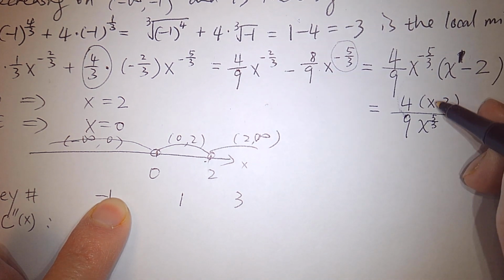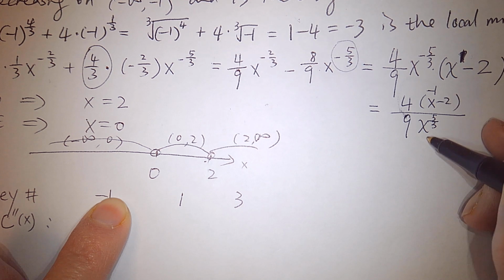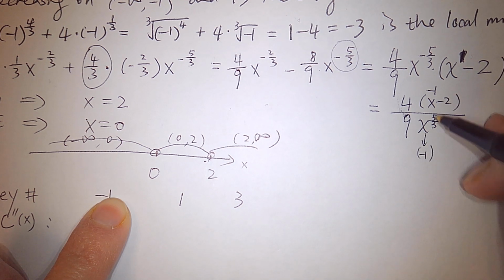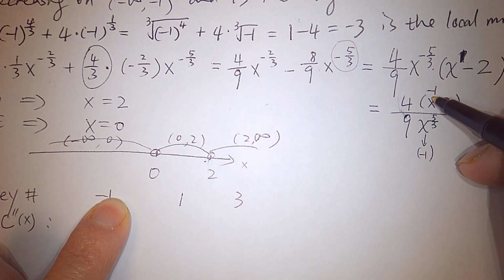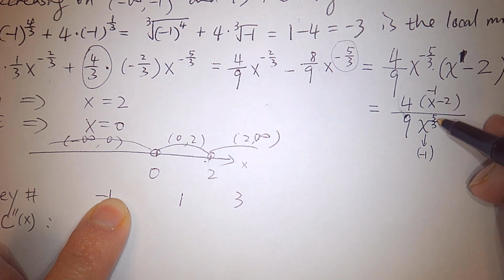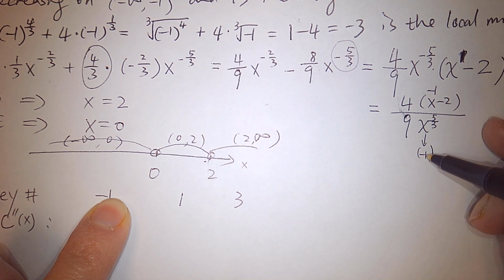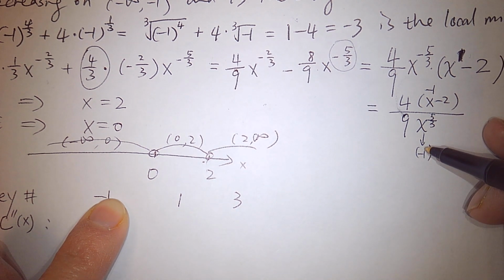Negative 1 minus 2 is negative, minus 4 is negative. How about negative 1 to the 5/3 power? Odd number, right? We'll still have negative 1.